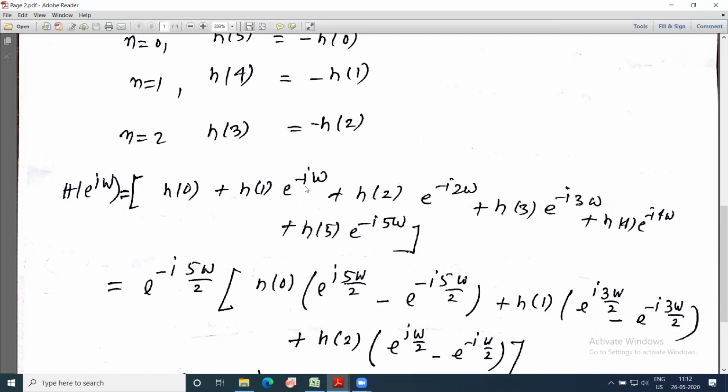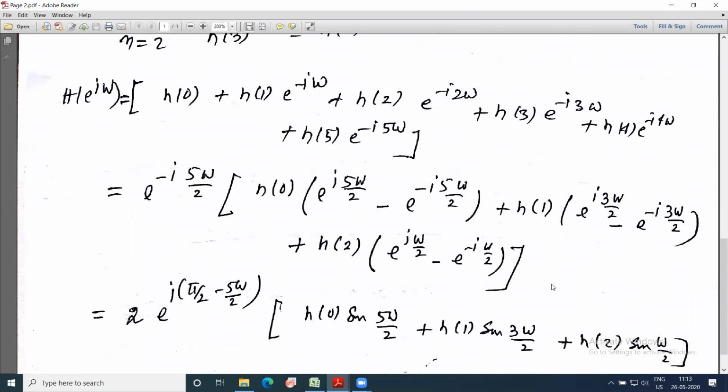And h1 equals minus h4, so I have written the negative sign. Now e power minus j4 omega corresponds to e power minus j3 omega by 2 multiplied by e power minus j5 omega by 2. This corresponds to the term h4 into e power minus j4 omega. All right. Okay.